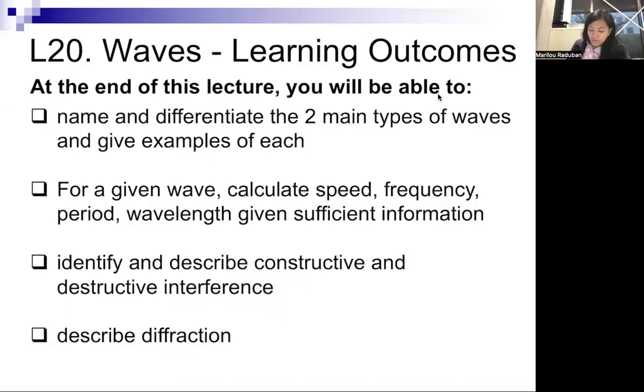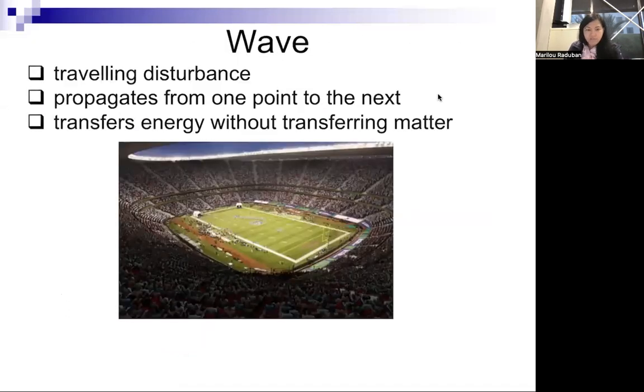All right, so let's define what a wave is. Formally, the wave is defined as a traveling disturbance that propagates from one point to the next, and as the wave travels, it carries with it energy, but it does not transfer matter.